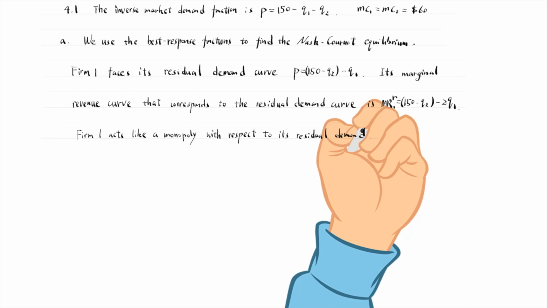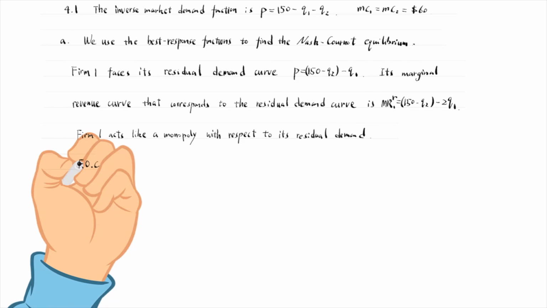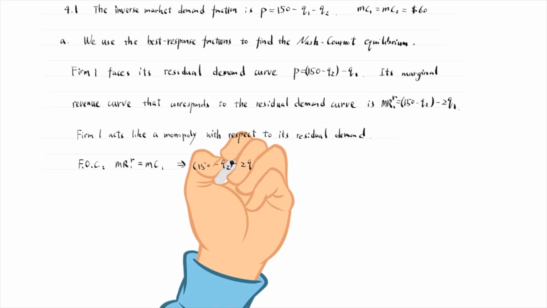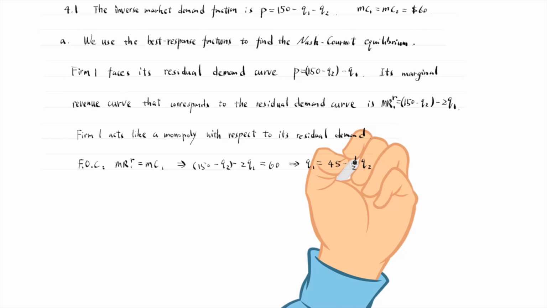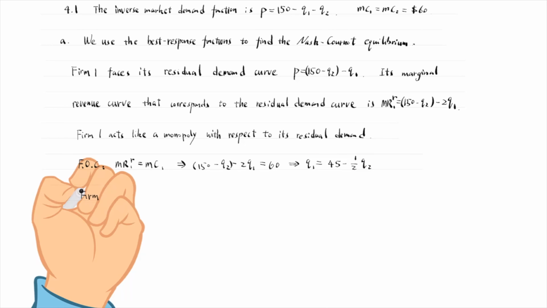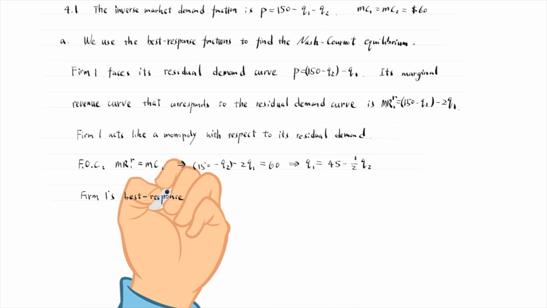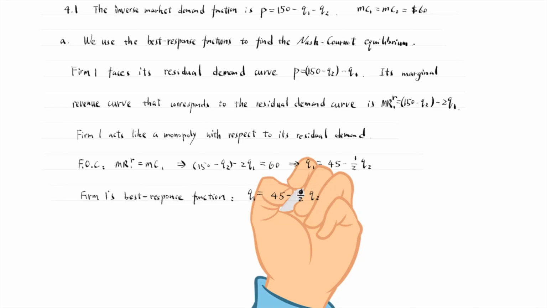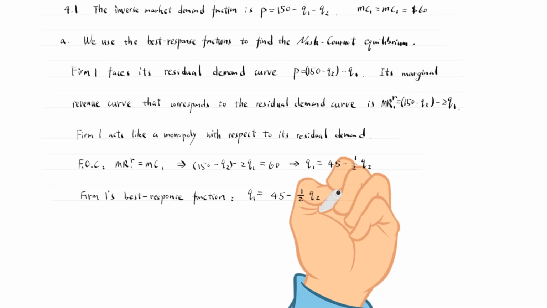The first-order condition for profit maximization is marginal revenue equals marginal cost. It leads to Firm 1's best response function, expressing Q1 in terms of Q2. It indicates how much Firm 1 will produce for any given Firm 2's output to maximize its profit.